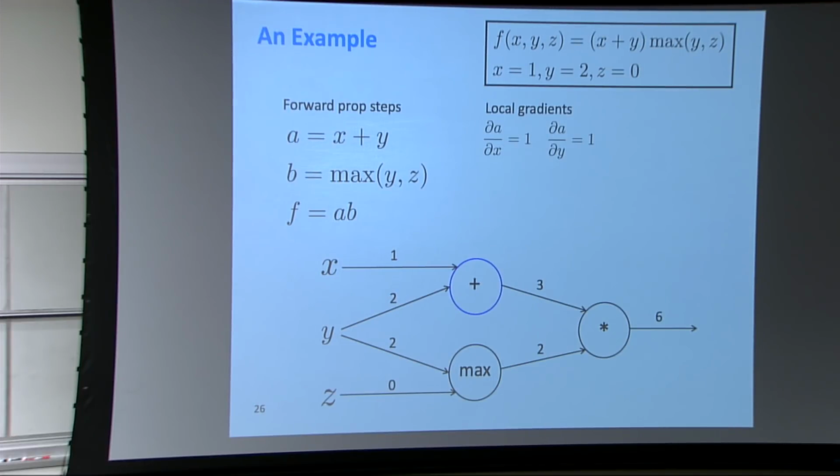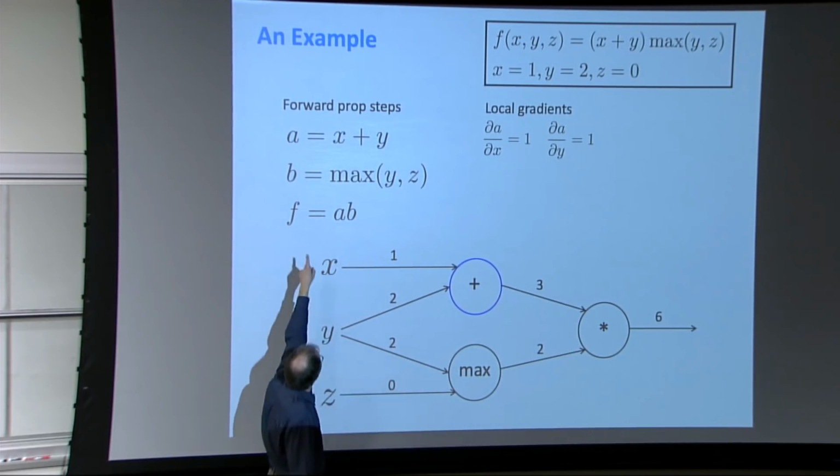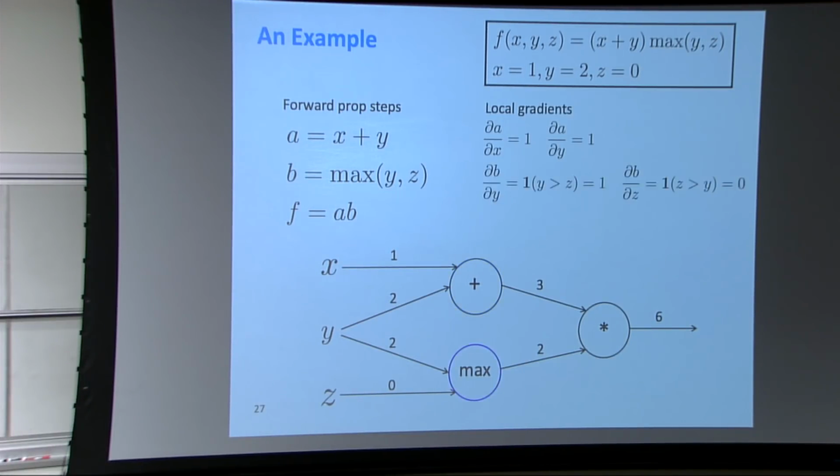Okay, so the next step is we want to run backpropagation to work out gradients, so we want to work out these local gradients. A is the result of the sum, so A equals x plus y. So if you're taking dA/dx, that's just 1, and dA/dy is also 1. That makes sense.